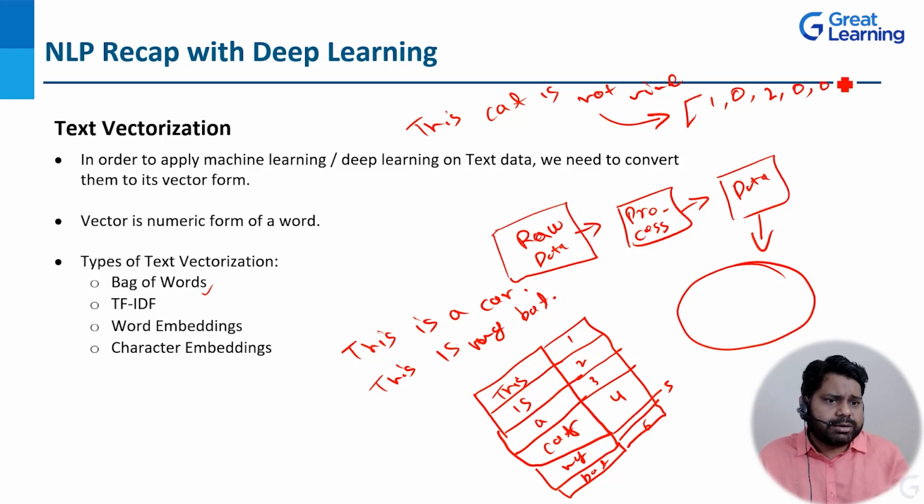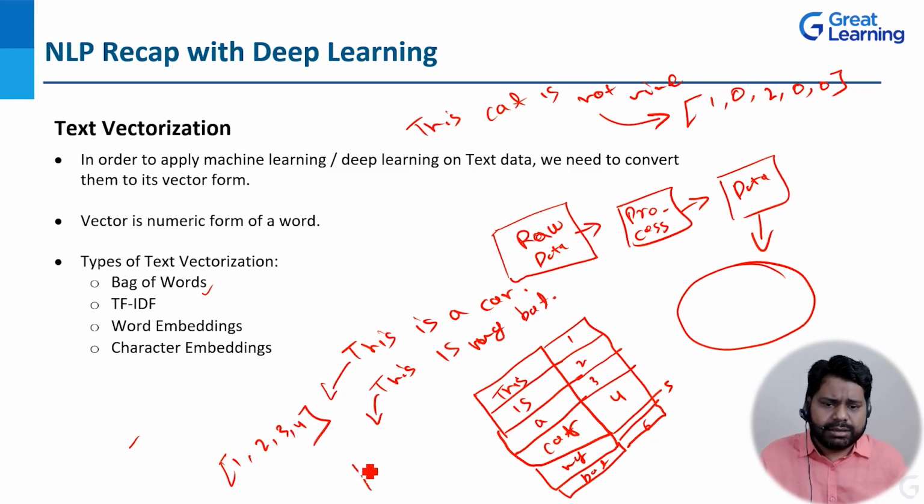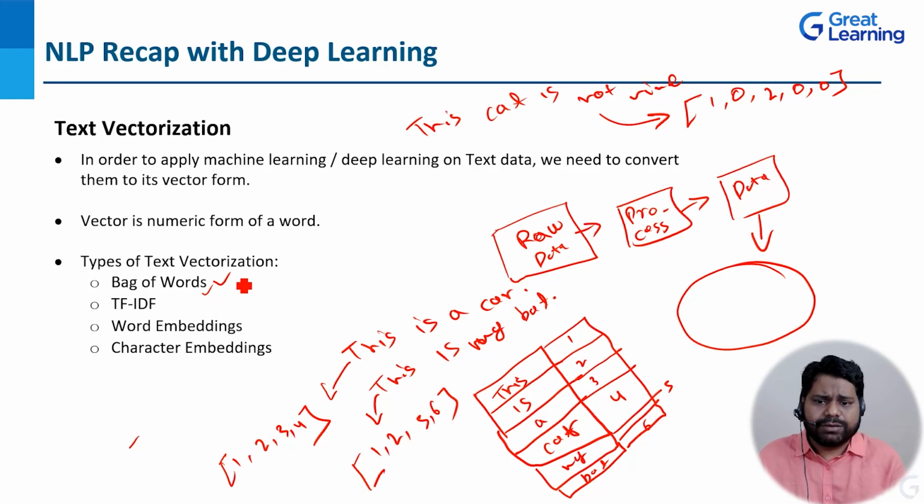Mine is also not known. Similarly, if we translate "this car is mine", this will get 1, 2, 3, 4. Similarly, the other sentence will get 1, 2, then 5 and 6. This way we do the transformation using bag of words.